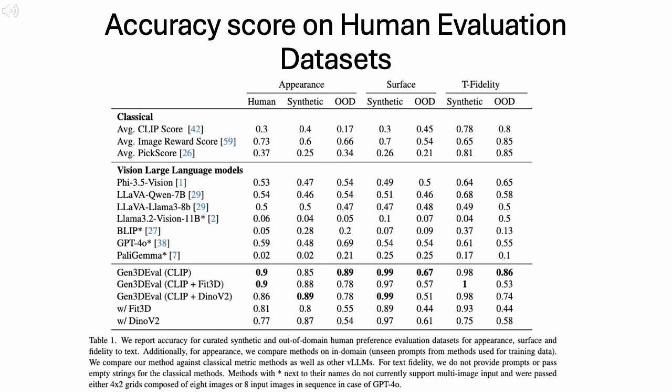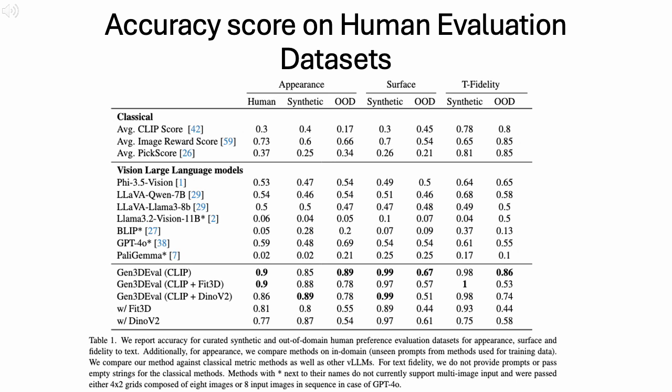We will now discuss the results of Gen3DEval, first with other evaluation methods using quantitative metrics and qualitative examples, followed by a presentation of a leaderboard to rank methods on Gen3DEval bench. We report accuracy for curated synthetic and out-of-domain human preference evaluation datasets for appearance, surface quality, and text fidelity.